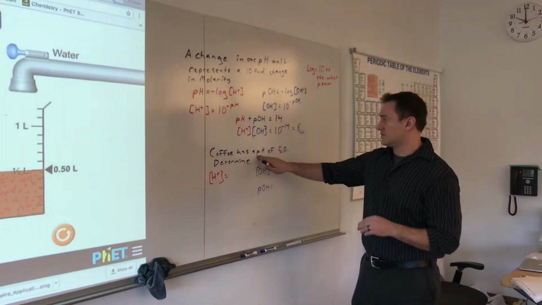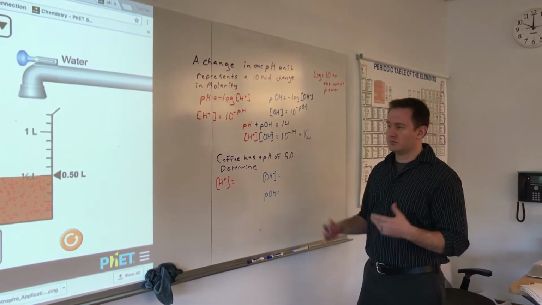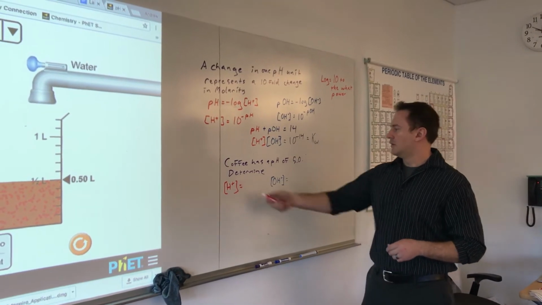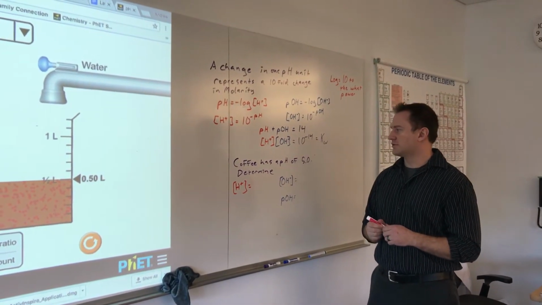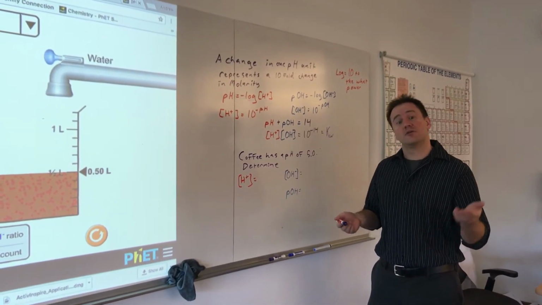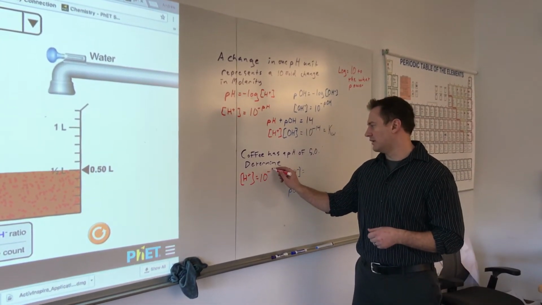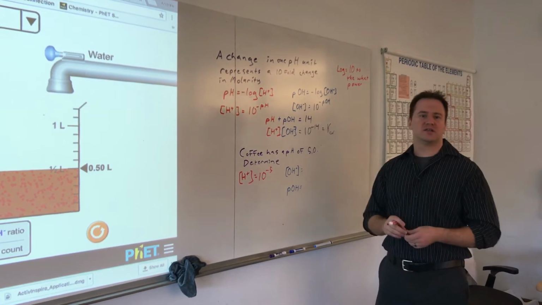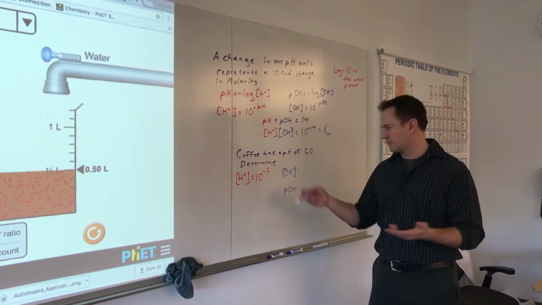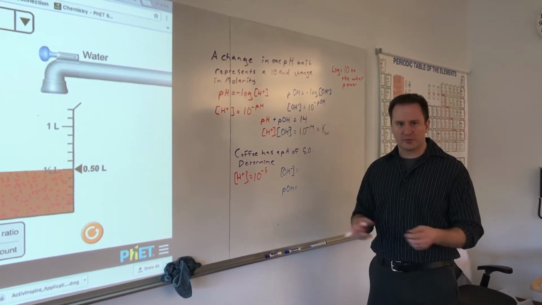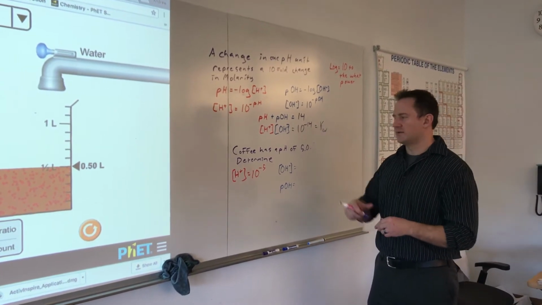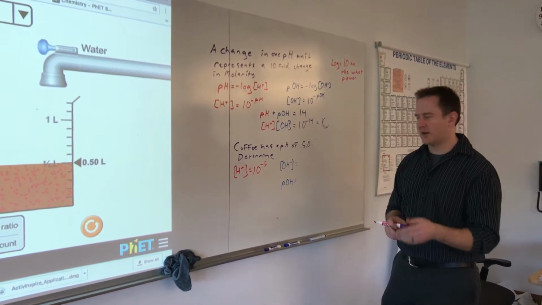Now, we said coffee has a pH of 5, so to determine the other values: hydrogen ion concentration is just 10 to the negative pH. So if your pH is 5, then our concentration of hydrogen ions is 10 to the negative 5. Obviously, this is a nice clean integer, so I can just do it like that. Otherwise, you'd have to plug it in on your calculator and take 10 to the whatever the pH is if you did not have an integer.